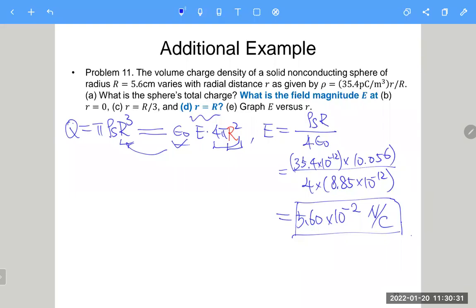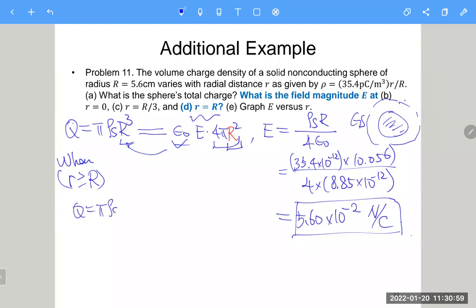And actually, we can also derive the closed form expression when small r is larger than or equal to capital R. Then Q enclosed is still Q. If we consider this as the Gaussian surface, this sphere, then we still have Q to be pi rho s R cubed equals epsilon naught E times 4 pi small r squared, because we consider the radius of the Gaussian surface.